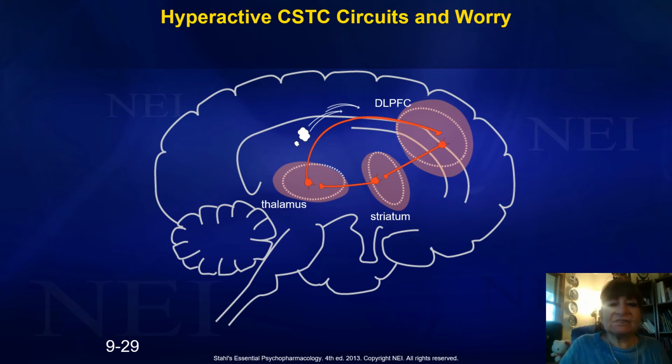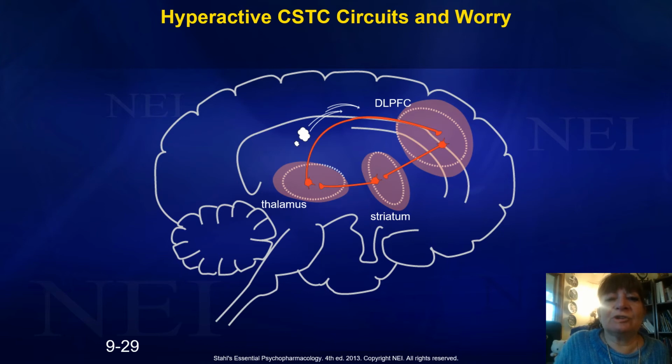And this also holds true for noradrenergic hyperactivity in worry. We know that worry can be caused by overactivation of the CSTC circuits. And specifically, if you have excessive noradrenergic activity in these circuits, this can reduce the efficiency of information processing, theoretically contributing to worry.